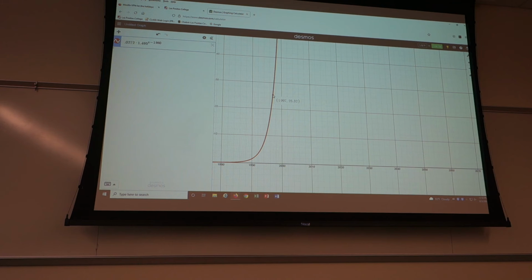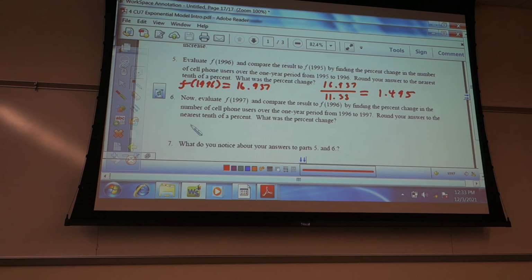Where do we write it down? And then you just do that divided by 11.33, divided by 16.99, the previous one. You should get 1.495.